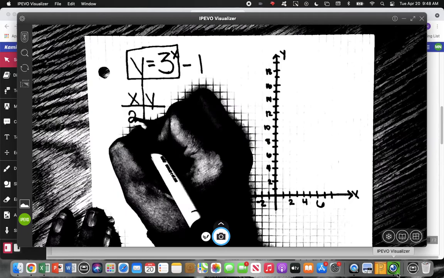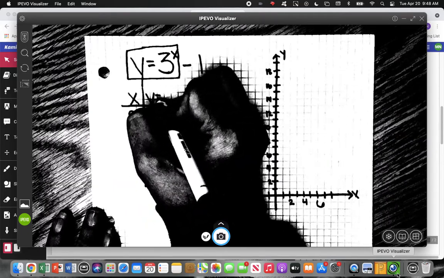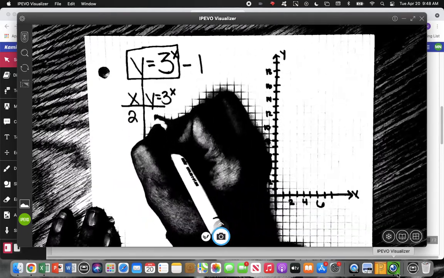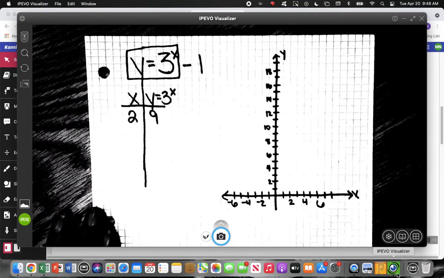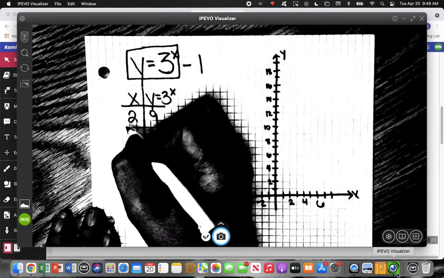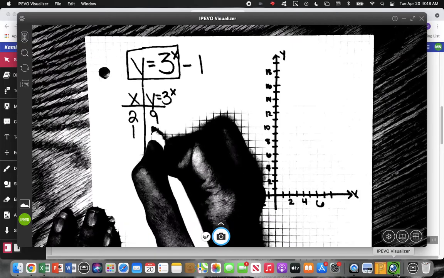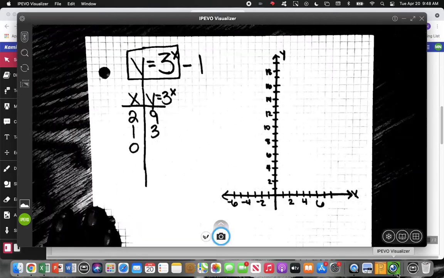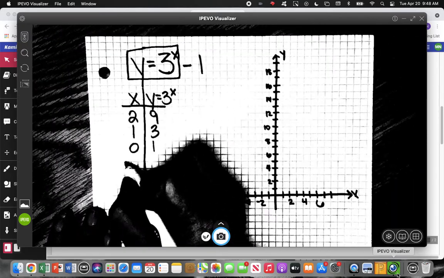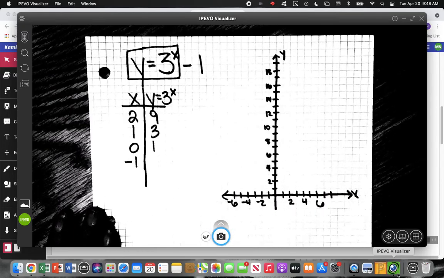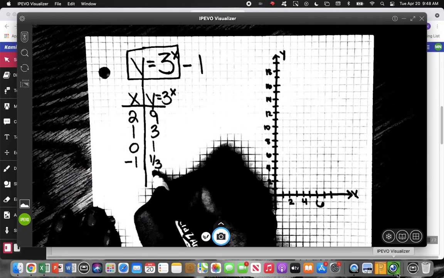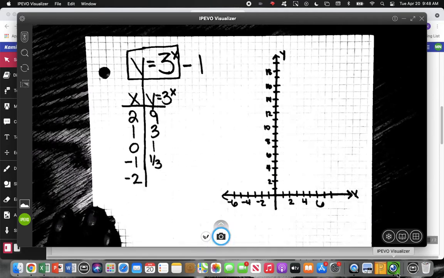But let's just go 3 squared. So we are graphing 3 to the x. So 3 squared is 9. What's 3 to the first? 3 to the 0. 3 to the negative first is 1/3. What's 3 to the negative second? 1/9.